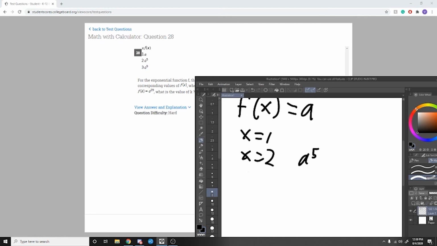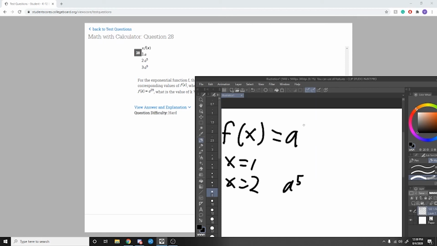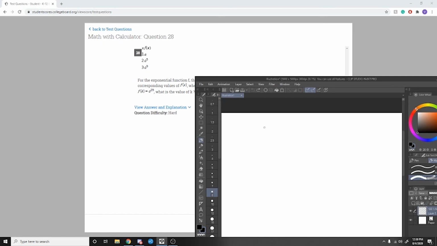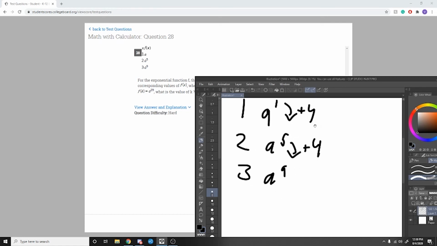So it's just this pattern. Let me think. Okay, well, I can't think this logically, I'll just go through my own method. It's a, a to the 5th, 3, 8, 9. You see how it's plus 4, then it's plus 4.